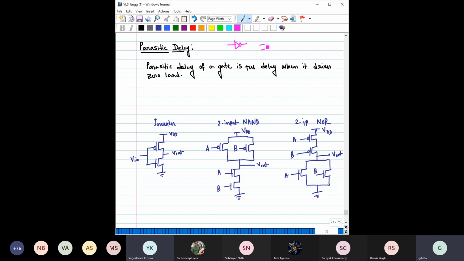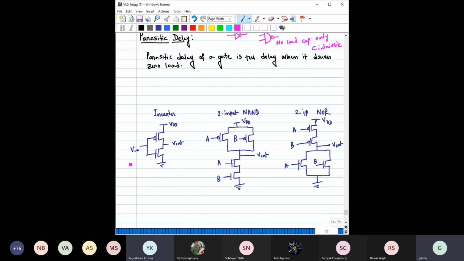Again, if it is a 2 input NAND gate, then also you have not connected any load, right? No load cap, only the intrinsic one, C intrinsic.